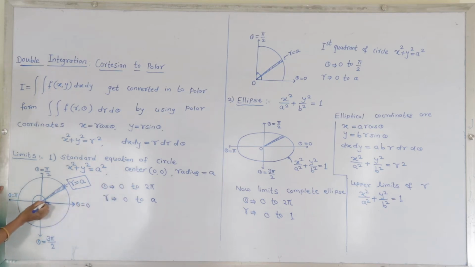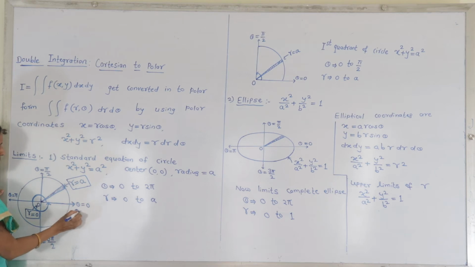Now this strip will start from theta equal to 0 and cover the total region of the circle, and when it ends again at theta equal to 0, that means this strip will complete the rotation through an angle of 360 degrees, that is theta is equal to 2 pi.